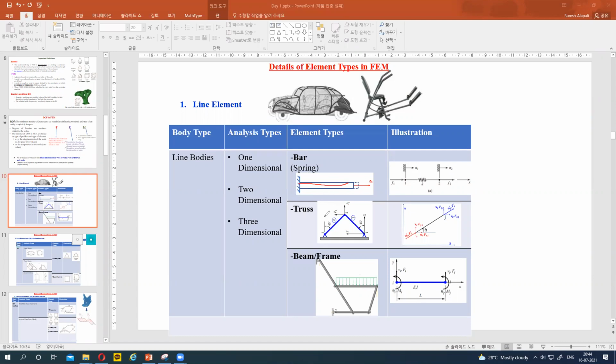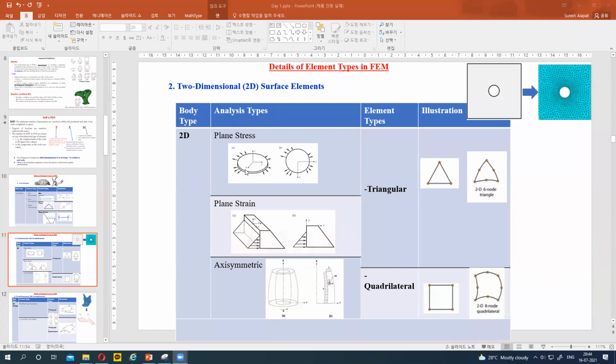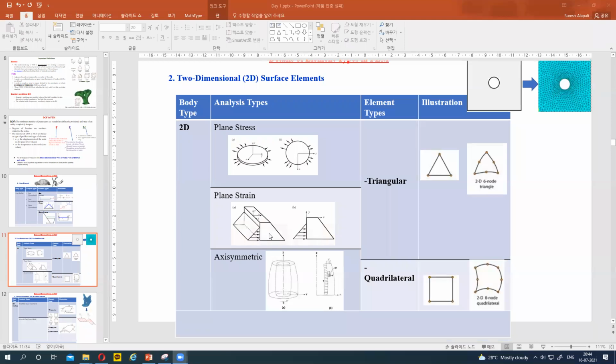But to save time, we are using a line body instead of a real 3D body, if the dimension along the length direction is very, very large compared to the cross-sectional dimensions. Similarly here, to save time, we are just considering a two-dimensional planar body in these three cases: plane stress, plane strain, and axisymmetric. And that is a two-dimensional surface body.